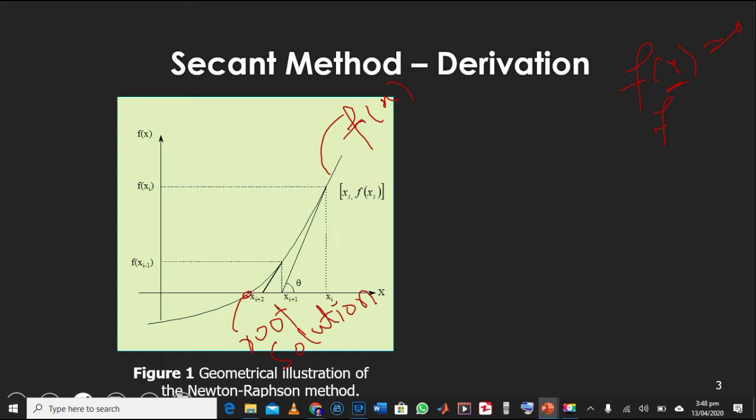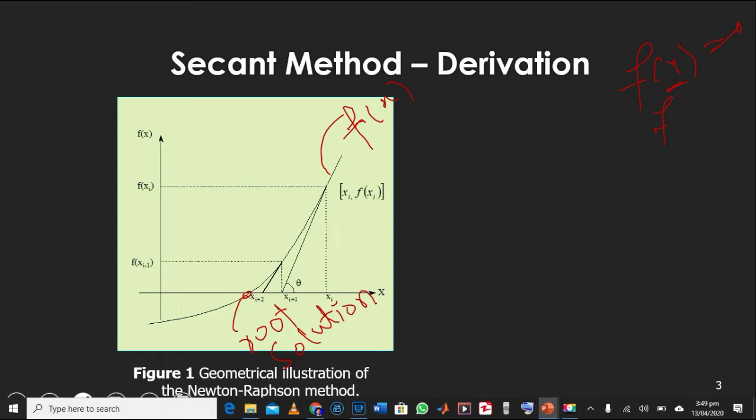In the previous lectures, we have discussed the bisection method and the Newton-Raphson method, and also we have discussed that we can find the roots of those nonlinear equations which could not be solved through analytical methods. We can find the approximate root through the bisection method and the Newton-Raphson method.